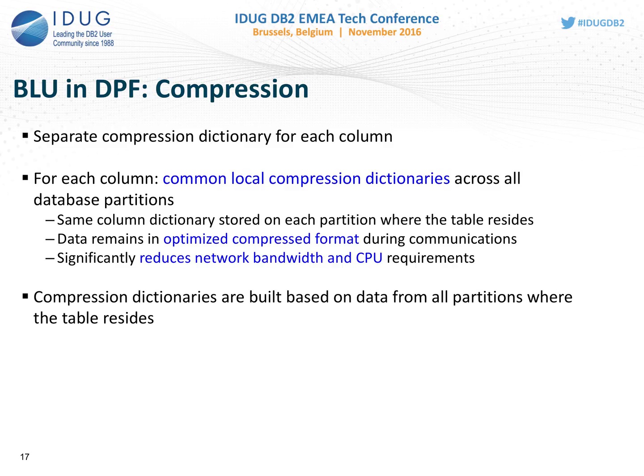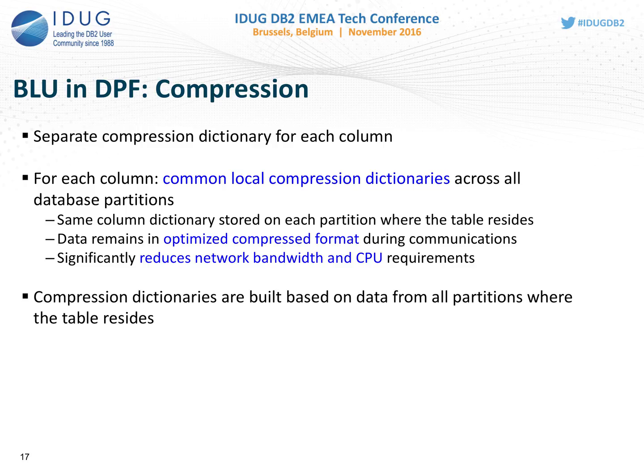And one design decision for BLU DPF was that for a table that is distributed over database partitions, the compression dictionaries are the same on every partition and available locally in each partition. Of course, it's important that the compression dictionaries are available locally in the partition for fast access for performance.